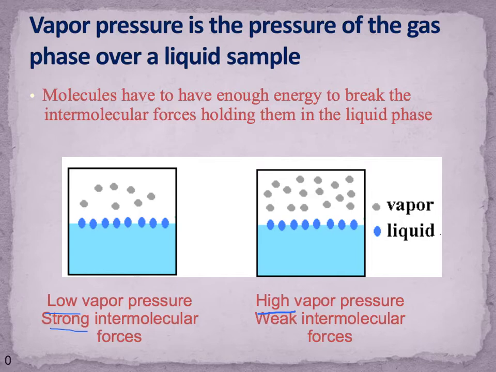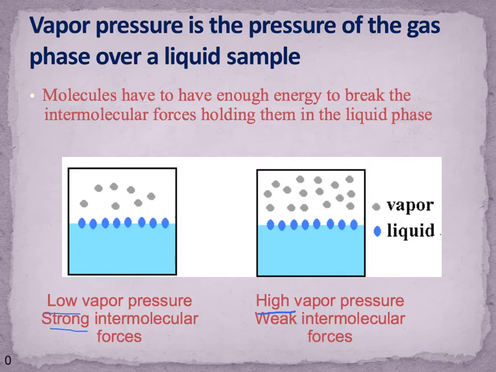In the summertime, the temperature of the air is plenty warm enough to provide a huge source of energy to break those intermolecular forces. We're not breaking bonds. We're not breaking the intramolecular forces. Those are bonds. We're just breaking the attraction between molecules. Okay? And we have to overcome that to get molecules into the gas phase.